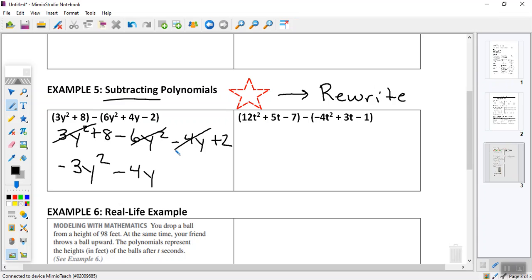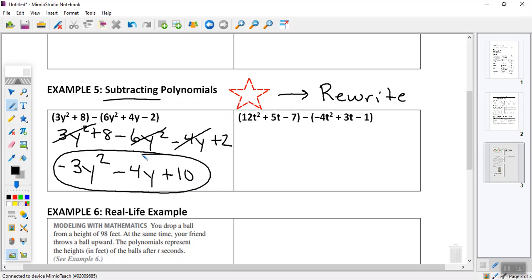Okay, what else could I combine? A positive 8 with a positive 2 would really be a positive 10 then. Okay? All right, I want to make sure you guys are kind of okay with that. So you check it out on that next one.